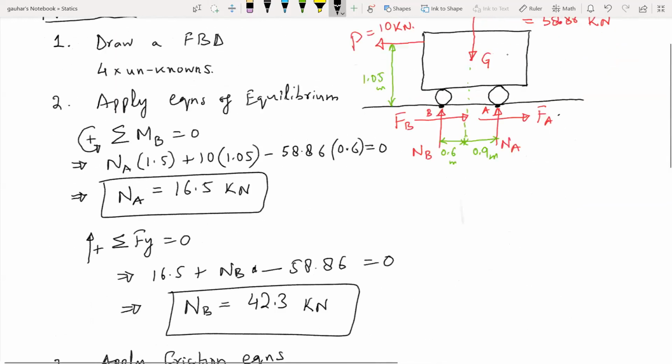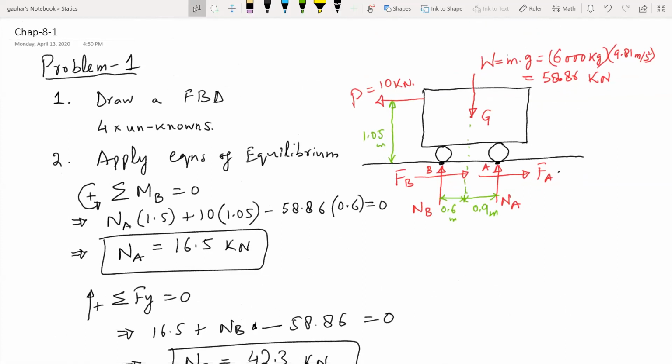And just a quick review of this problem. We had this mine car with some weight, some applied force, and the wheels resting on the ground surface. First we need to make a free body diagram showing all the forces: the external forces, the weight, the normal forces, and the friction forces. Once we are done with the free body diagram, we apply equations of equilibrium, and then we can find the unknowns.